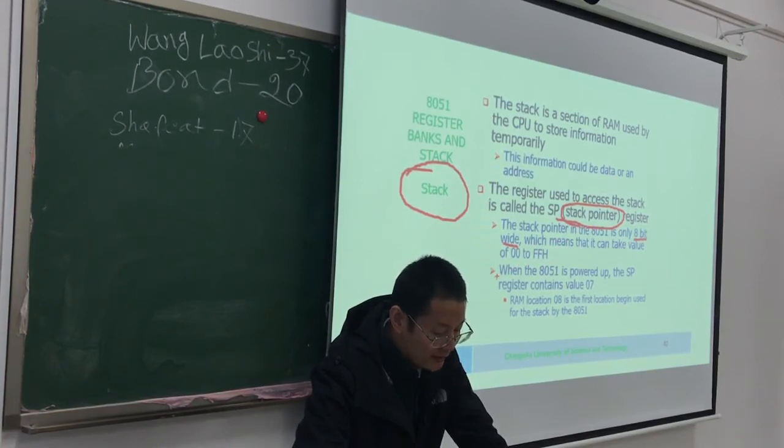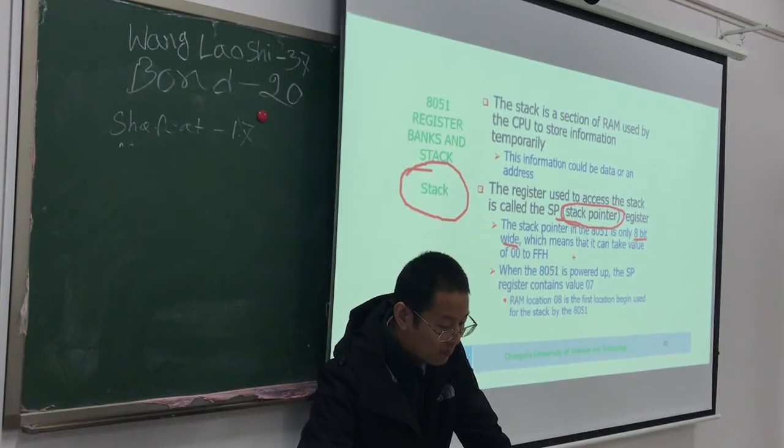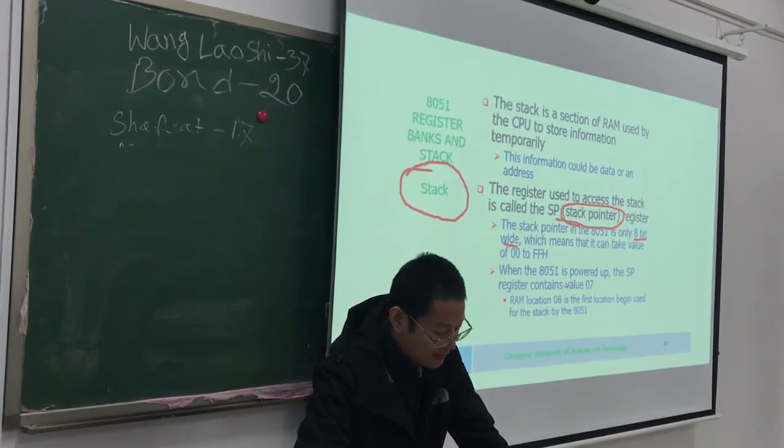When the 8041 is powered up, the SP register contains value 07. RAM location 08 is the first location used for the stack by the 8041.